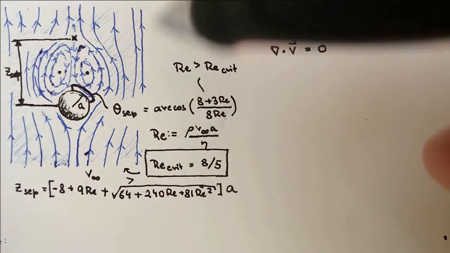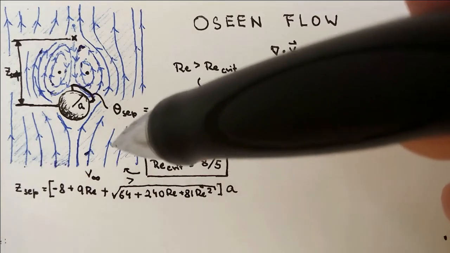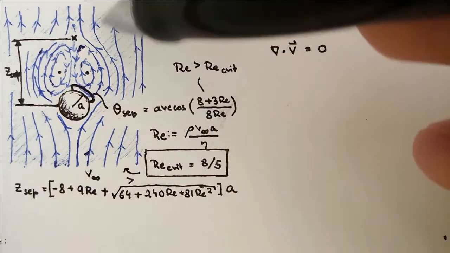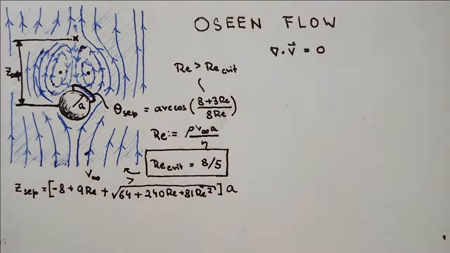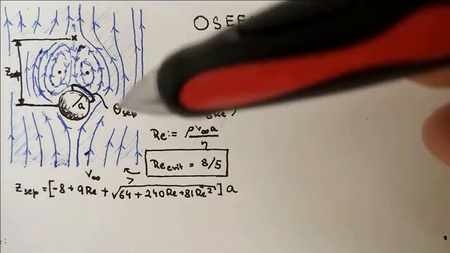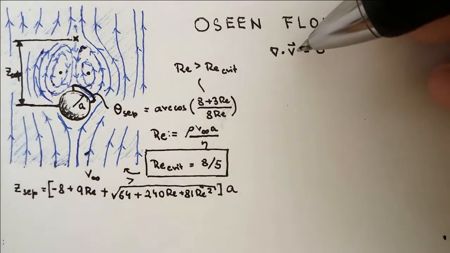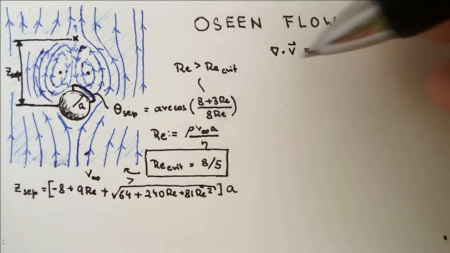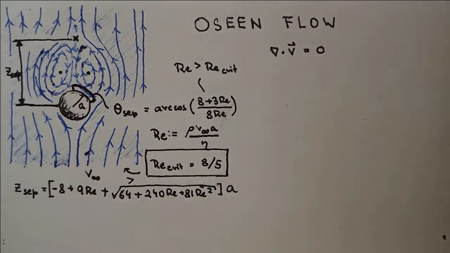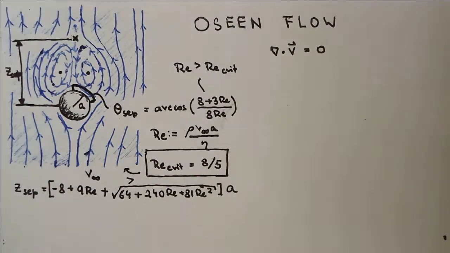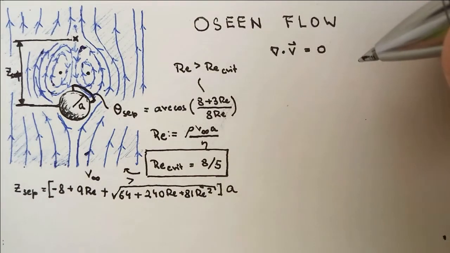and also the field is stationary, which means that it does not change in time, so this v is not a function of time. The second equation is the momentum equation.